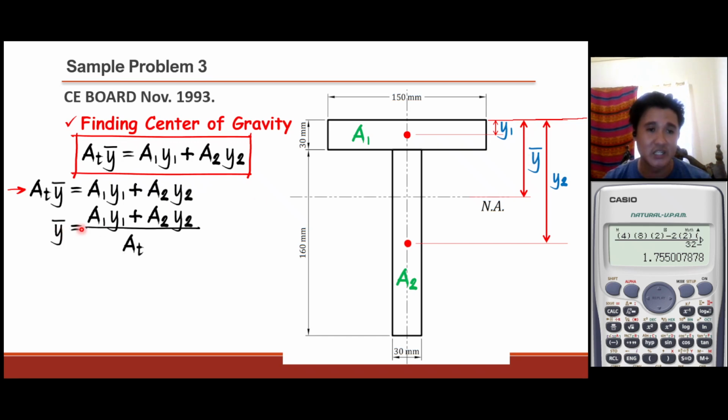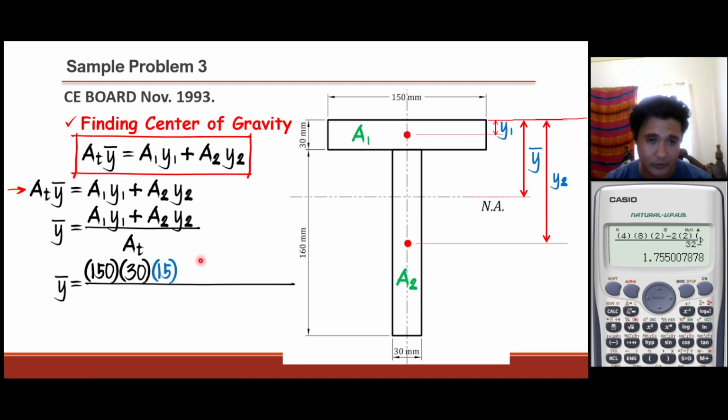Okay, so y bar is equal to a1 y1 plus a2 y2 all over yung total area. Okay, so area 1 natin, 150 by 30. And then yung y1 natin ay 30 divided by 2, that is 15. Plus area 2 natin, that is 30 by 160, I should say.